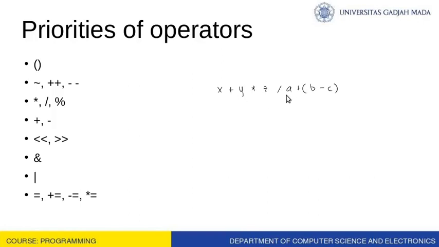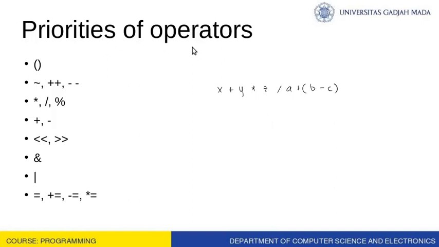So many operators in your expression, then there will be a priority for doing those operations. So which one will be the first operation, which one will be the second, third, and so on.